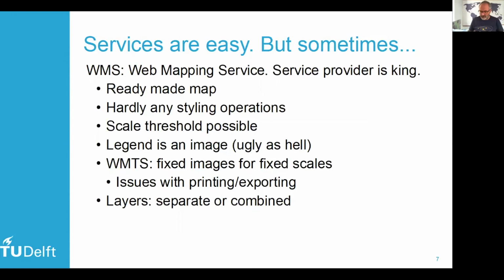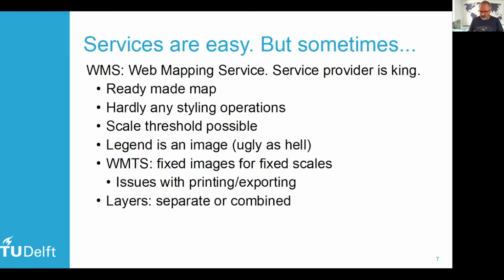That gives issues with printing and exporting because it is all done for screen, so 72 dots per inch, and printing or exporting the data to something that you need for print is 300 dots per inch most of the time. So from 72 to 300, that's 4 times as much, but it's in 2 directions. So you need 16 times as much data for a print than for a screen.